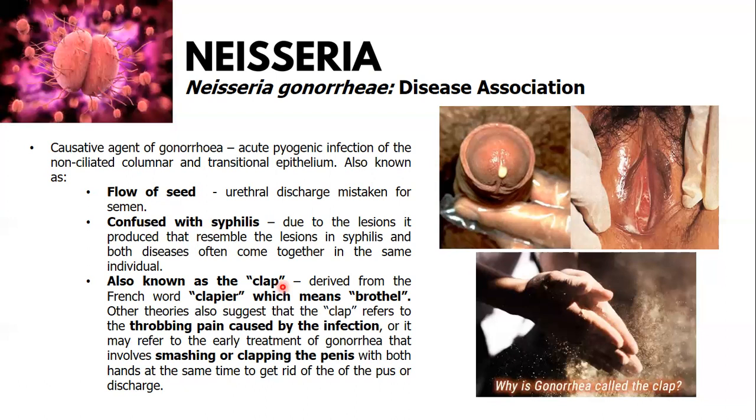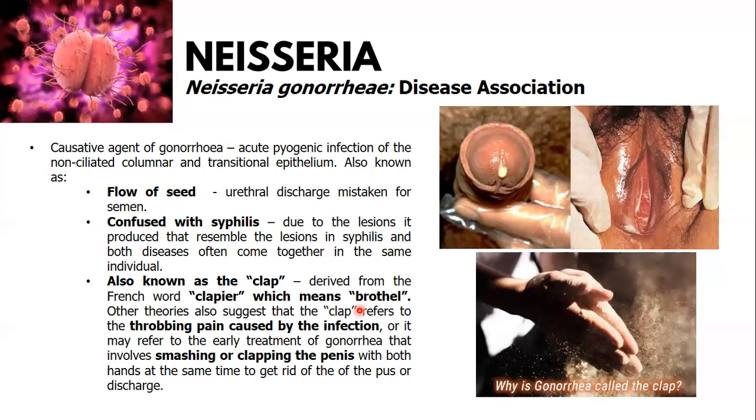The first theory states that the disease was previously called the clap because it was derived from the French word clapier, which means brothel, or in modern time, a place wherein men will be able to have access to prostitutes.